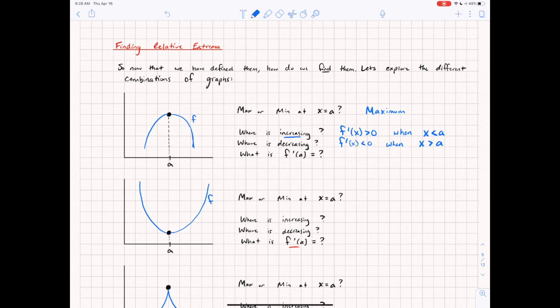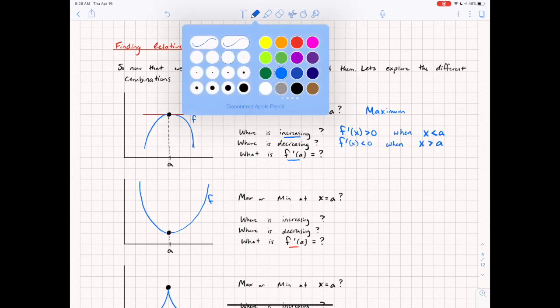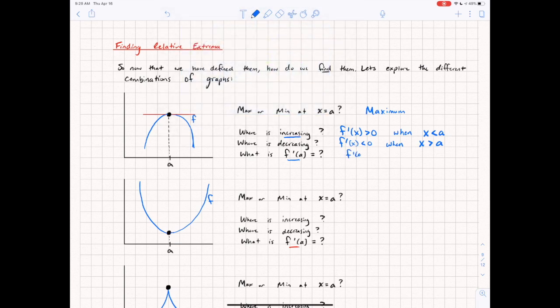And so because of that, notice what would the actual derivative of f at A be? So if you were to derive f and plug in this value for A, what would you get? Well, remember the derivative represents its rate of change, or the slope of the tangent line at this point. So if I was to sketch that, because this is the maximum and this is the peak, this means that the derivative at A is going to be equal to 0 because there's no more change once you get to the highest peak, right?